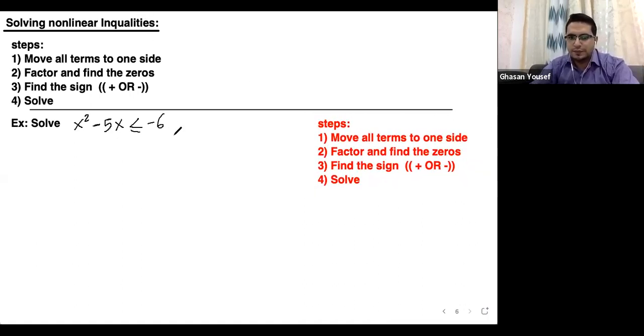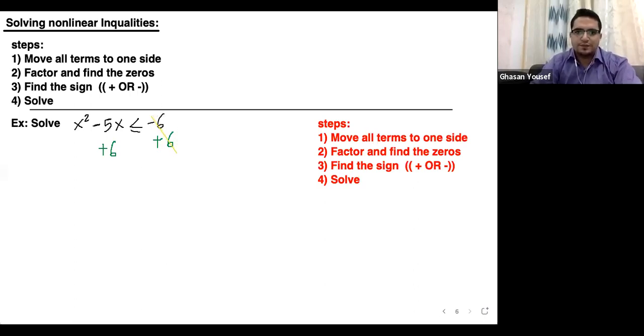Add 6 to the other side? This is correct. If I add 6 to both sides, minus 6 plus 6 will cancel out and give me 0.